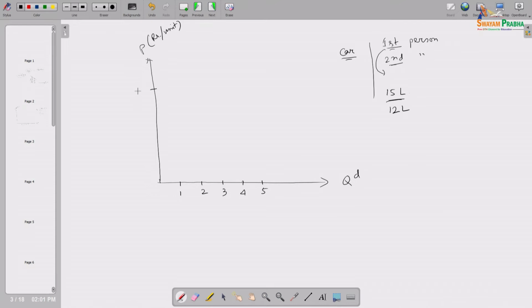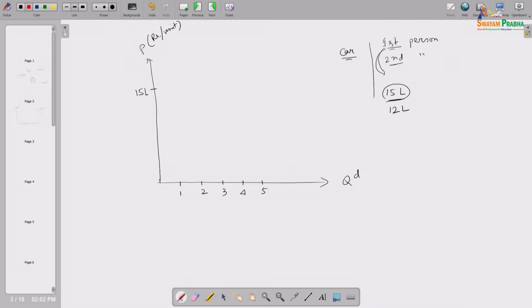So definitely, suppose this is the 15 lakh, and since the first person's maximum willingness to pay is 15 lakh rupees, there are no other people in the potential buyer set whose maximum willingness to pay is more than 15 lakh. So definitely, if I draw the demand curve for that person, because everybody wants to purchase only one car, right.